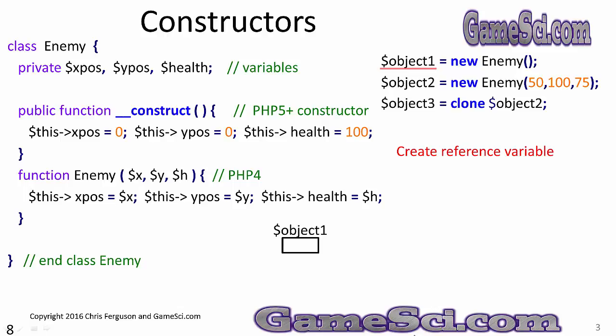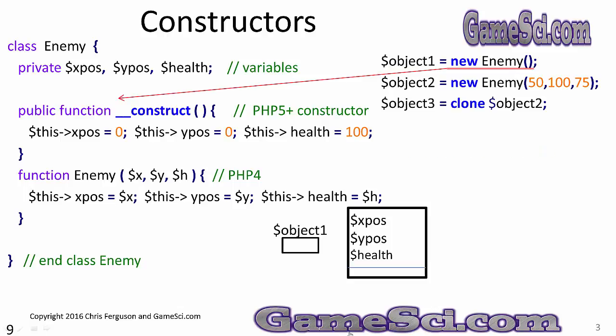$object1 is going to create a reference variable. Remember, this will be the variable we use to access our object. And in order to create the object, we'll execute new enemy. In PHP 5, this would call underscore underscore construct, the special PHP 5 constructor method.